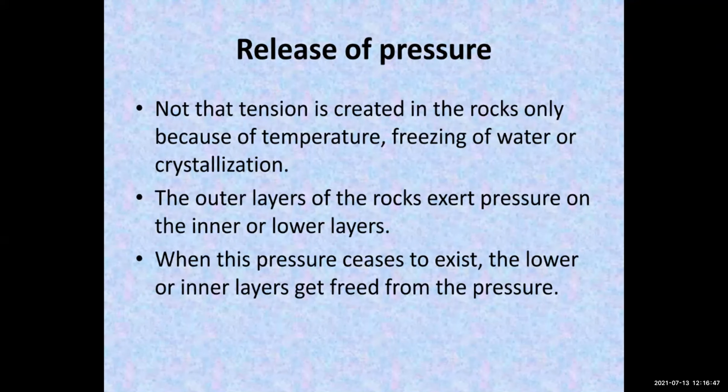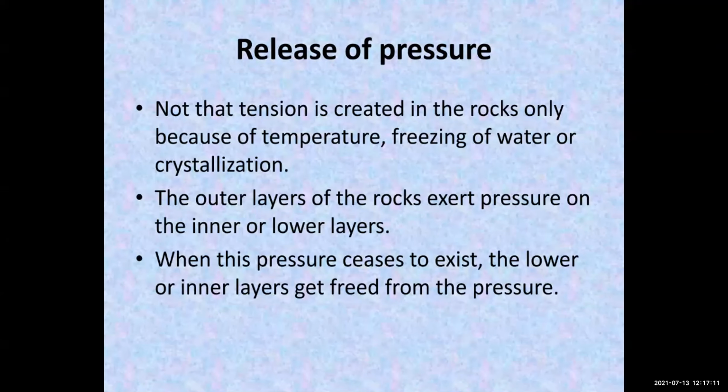Okay, so when this pressure ceases to exist, the lower layer or the inner layer is freed from the pressure. Means if you sit on the sofa, your body weight is giving the pressure on the sofa, and that affects the inner layer.